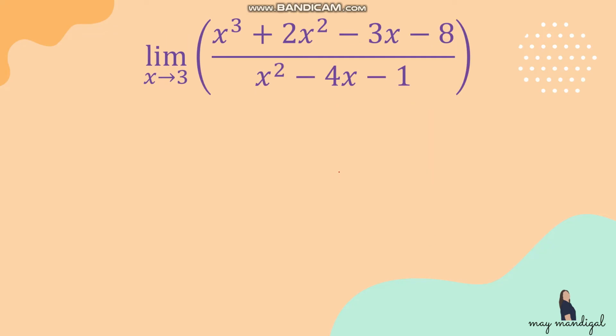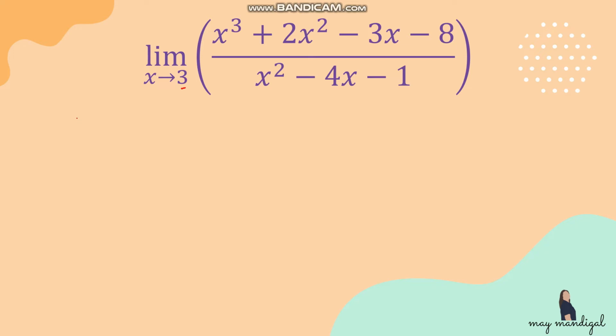Another example, let's take into consideration this rational function here. And then we have to identify the limit of this function as x approaches 3. Now, since we are dealing with a rational function, first, the thing that we have to do is to check if the c is part of the domain. So to do that, we have to substitute first c to the denominator.